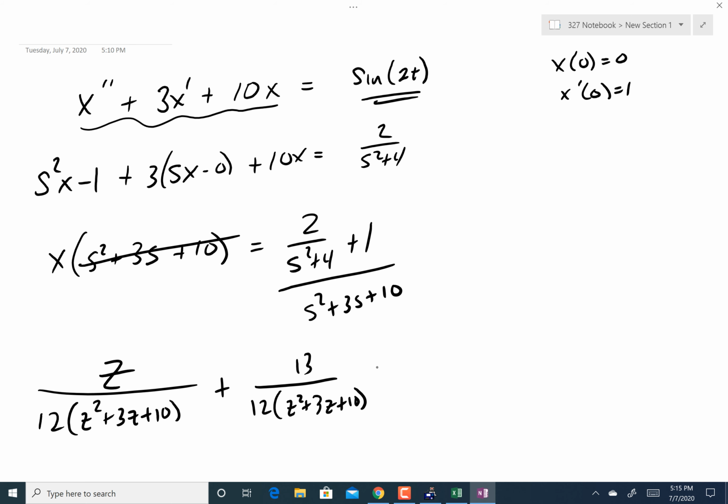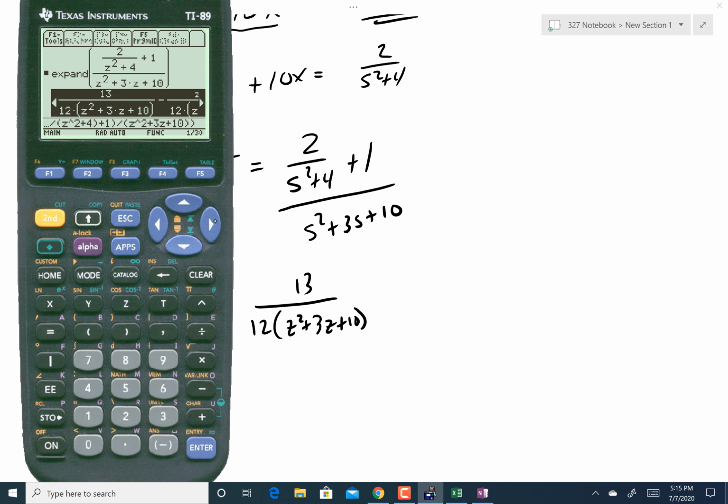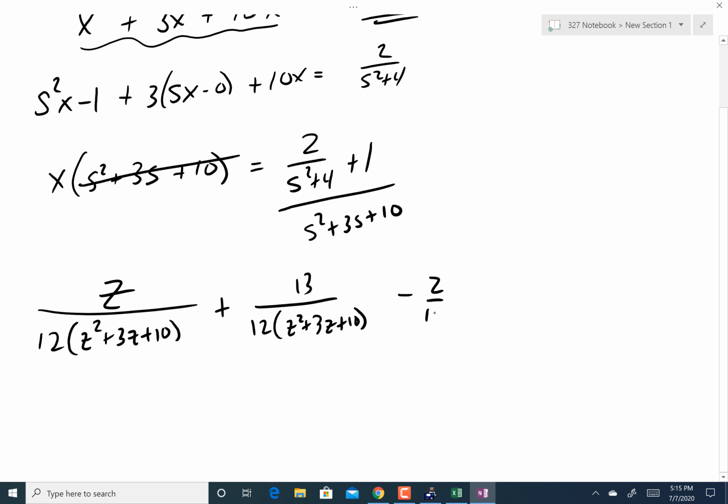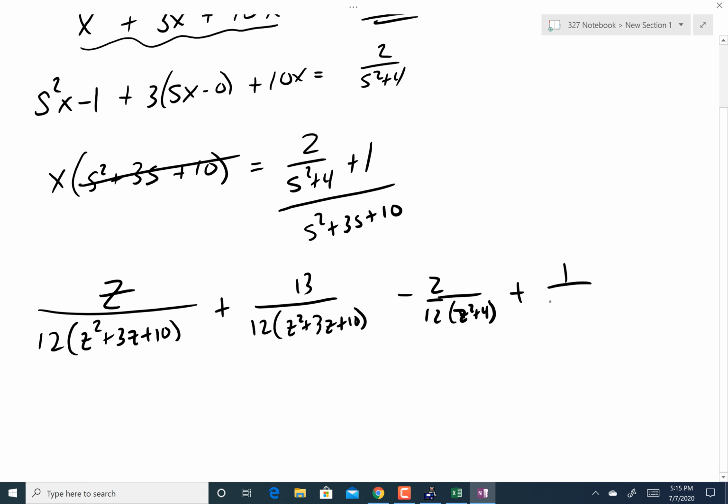And then, those two pieces there I'm going to have to do some work on. And then the rest is going to be my steady state solution, minus z over 12, z squared plus 4, and then plus 1 over 6, be careful, z squared plus 4.